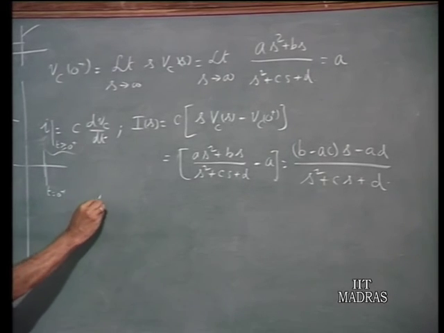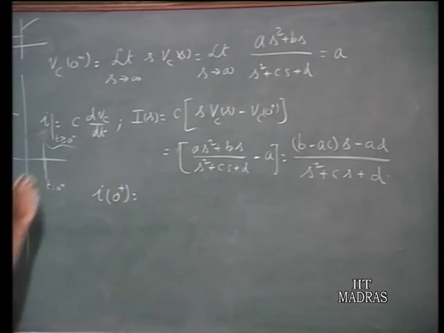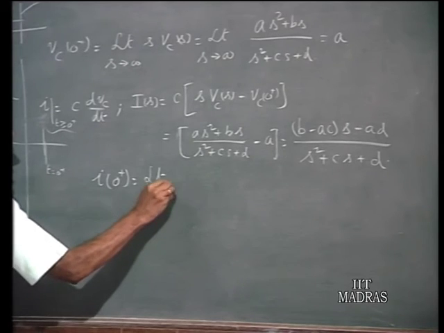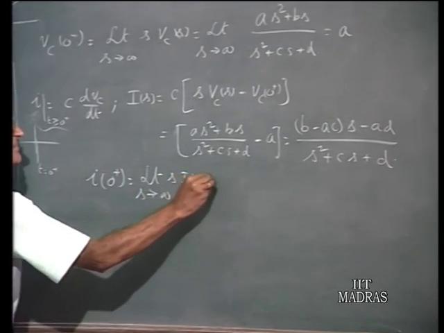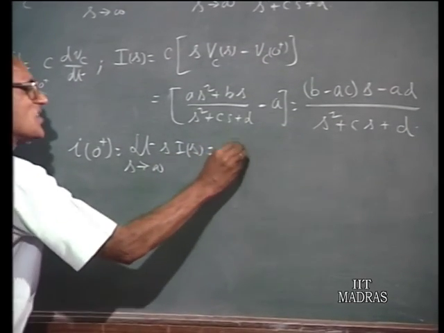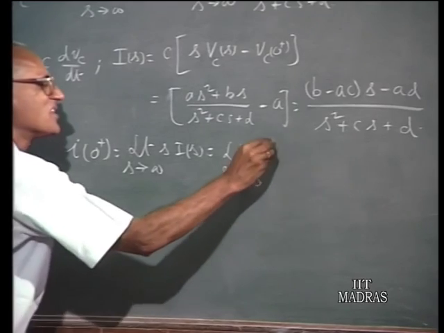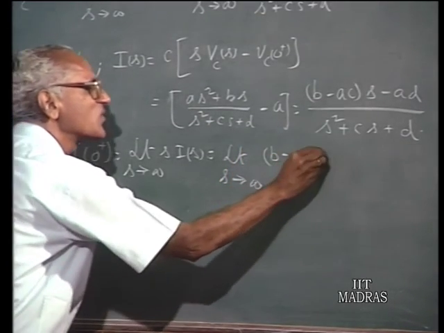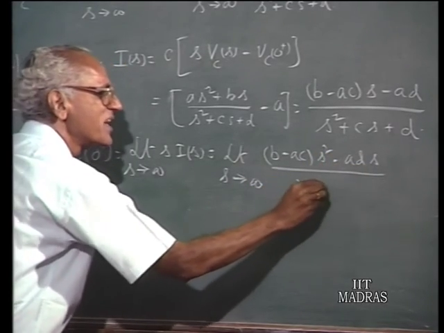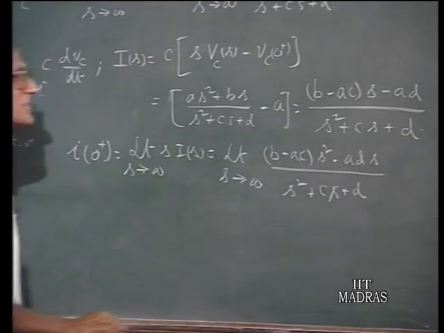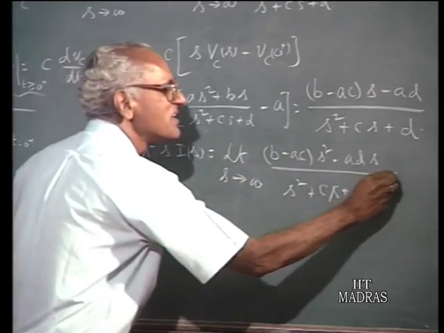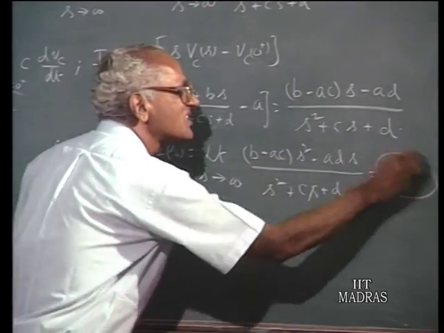To find out I 0 plus, we apply the initial value theorem and say that this is equal to the limit as s goes to infinity of s times I f s, which means the limit as s goes to infinity of B minus A C s squared minus A D times s divided by s squared plus C s plus D, which by the same arguments as before is the ratio of the two leading coefficients, which will be B minus A C. So, this is the answer for this.